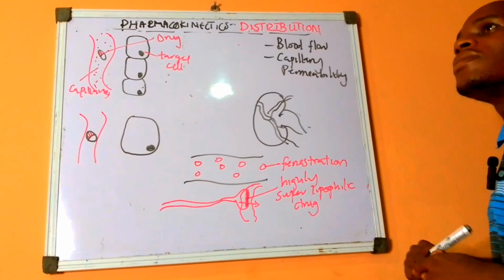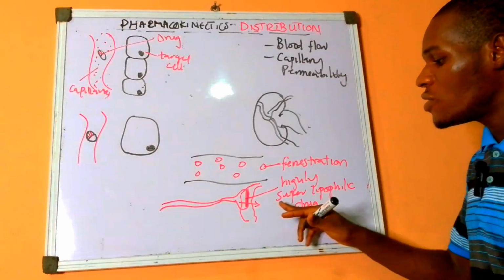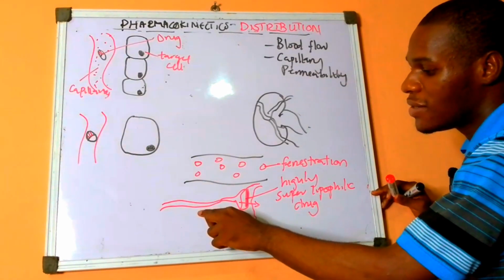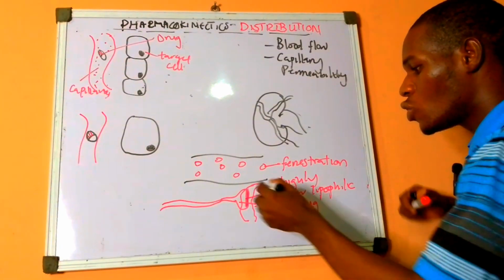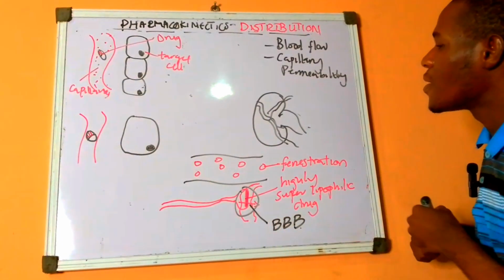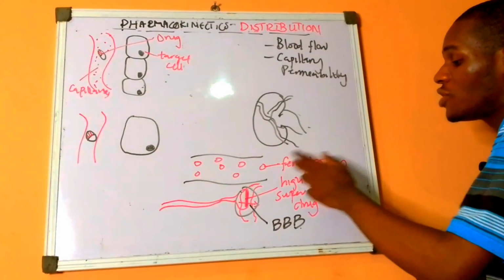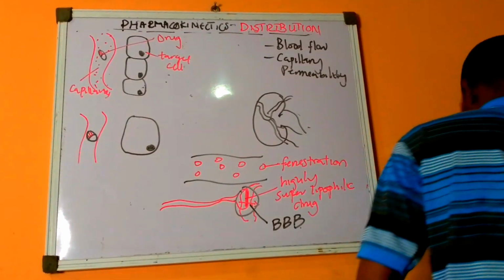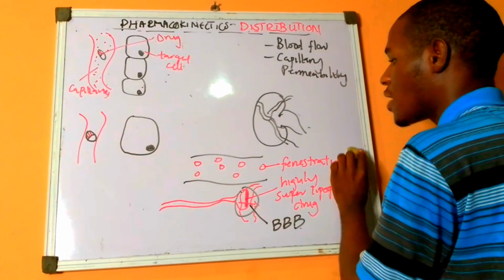An example of a highly lipophilic substance is alcohol. It diffuses into the brain cells. And this tight junction formed by these brain capillaries is what we all know as the blood-brain barrier, BBB. So capillary permeability affects distribution of the drug by forming fenestrated capillaries and also tight capillary junctions like the blood-brain barrier. That is also a factor.